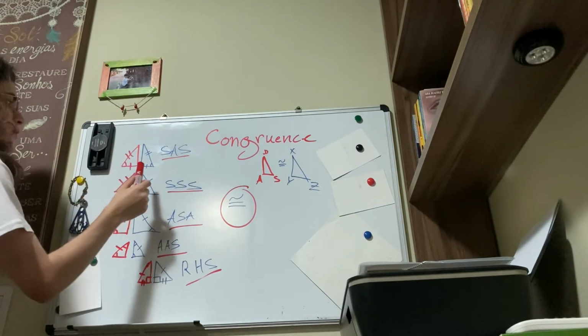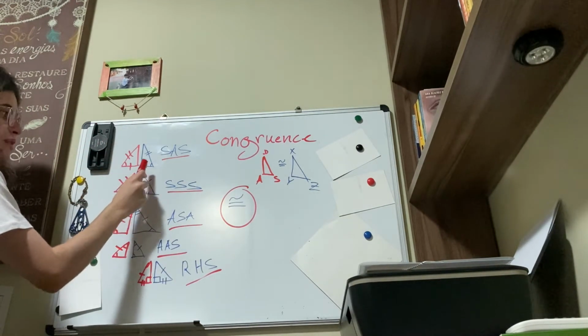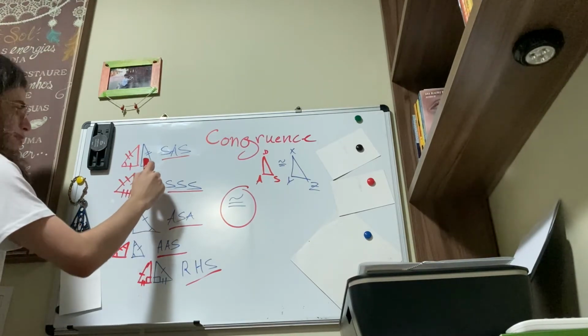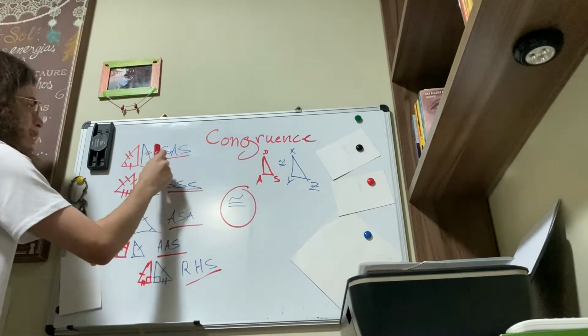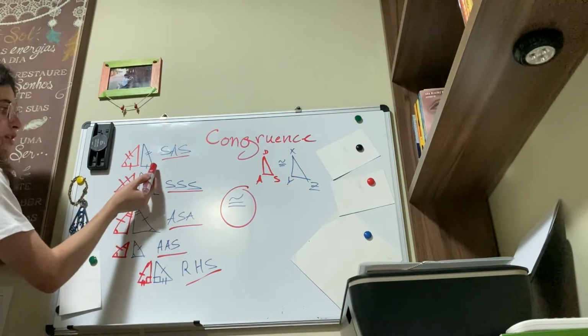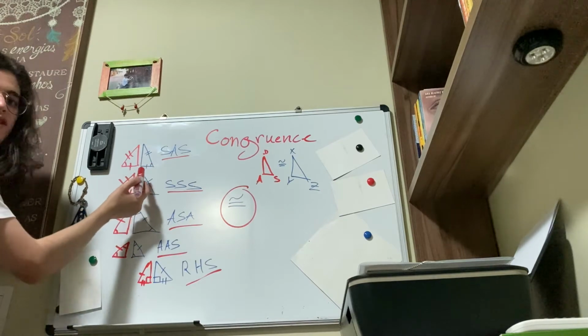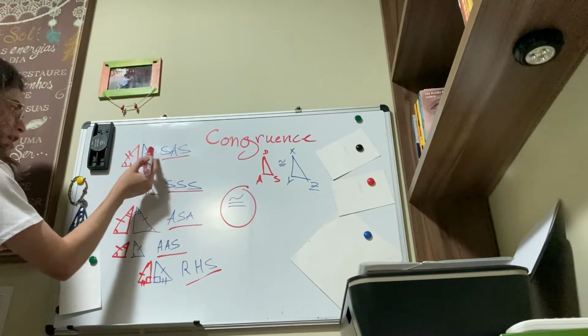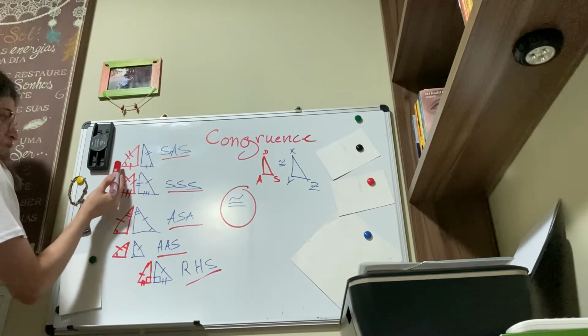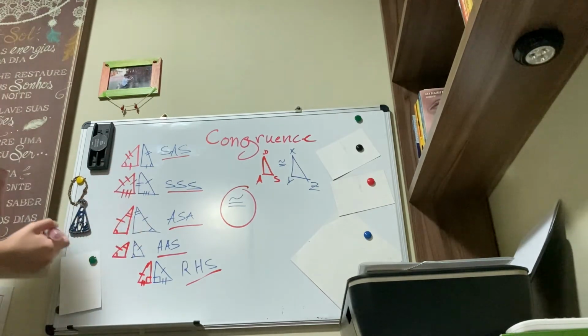I would go, well, you have one side that's the same, indicated by this little line here. Then you have one angle that's the same, and then you have one other side that's the same. And these sides are the same as each other in an internally consistent order. So it goes side, angle, side. See?